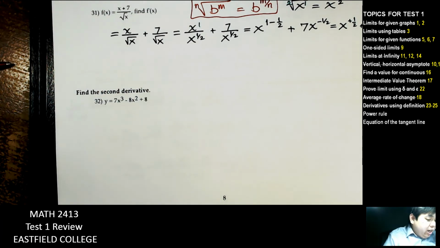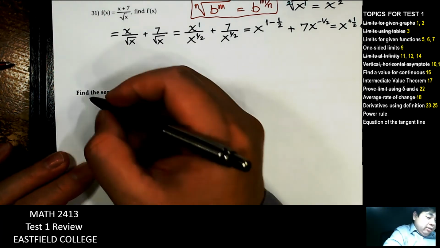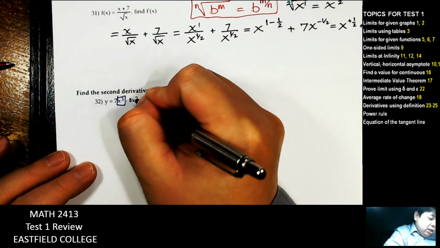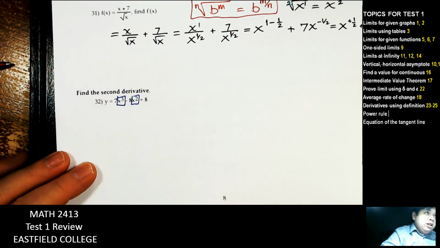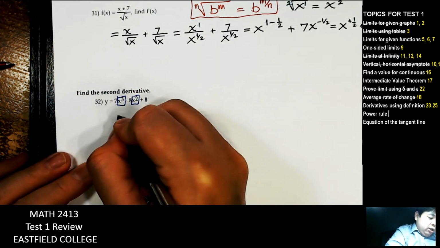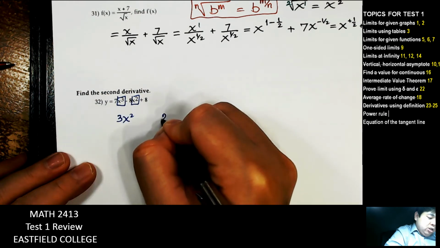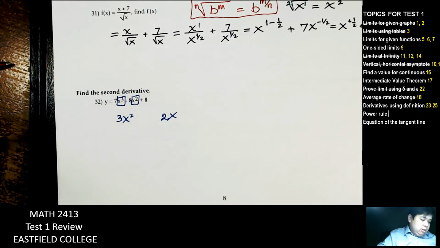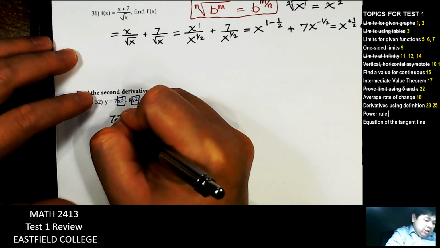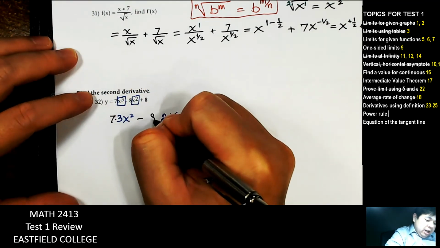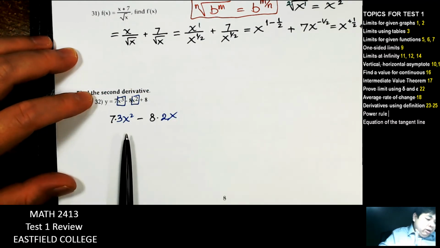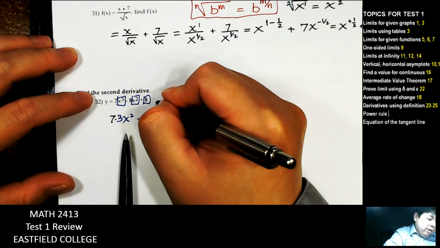Now, our second derivative is just like the derivative, but we have to do it twice. So the derivative of this, we have x cubed, which will be just 2x. There's a 7 in front of it. Minus 8. By the way, I also have the derivative of that.